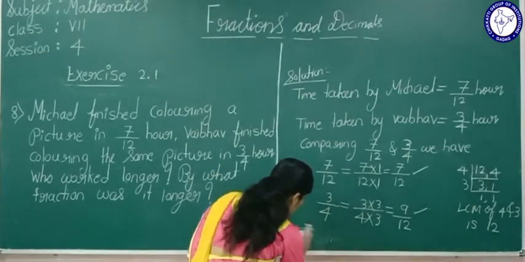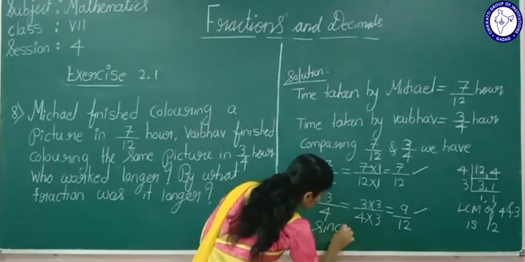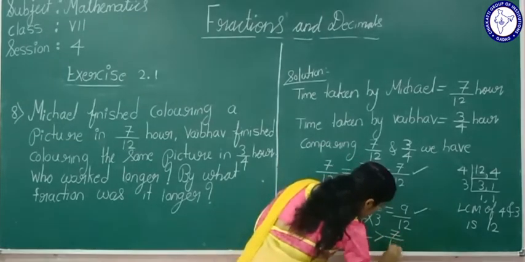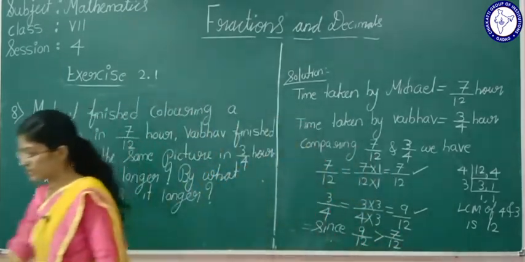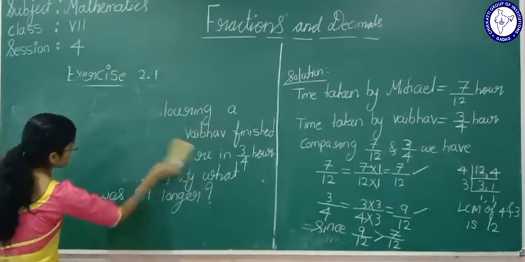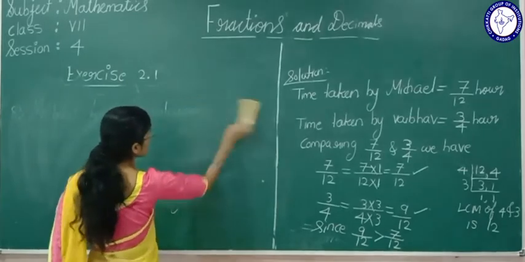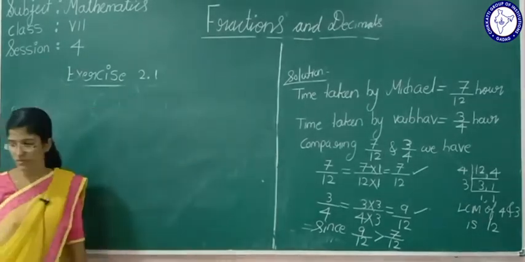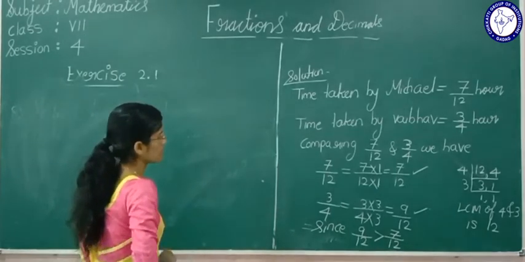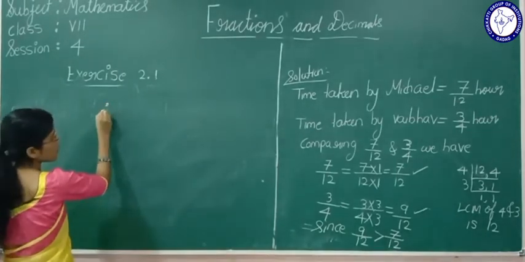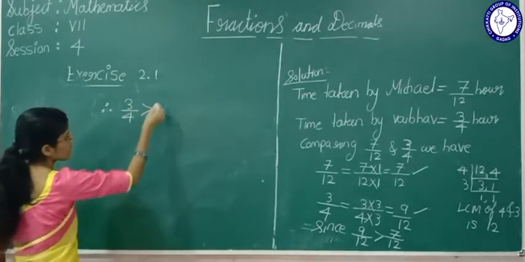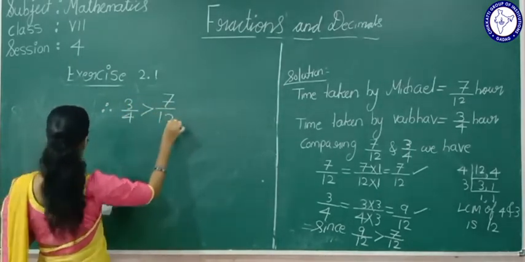Since 9 by 12 is greater than 7 by 12. Now see here, therefore 3 by 4 is greater than 7 by 12.